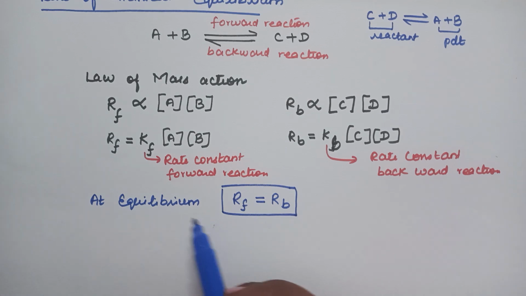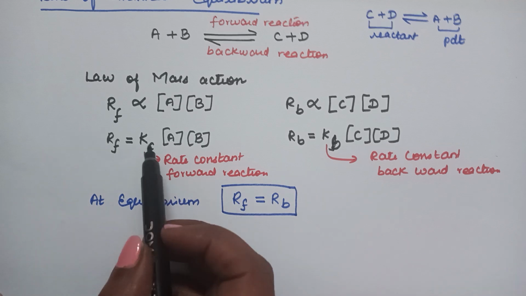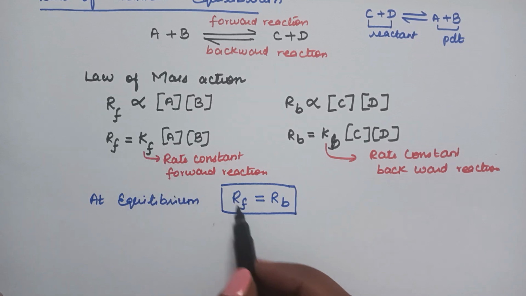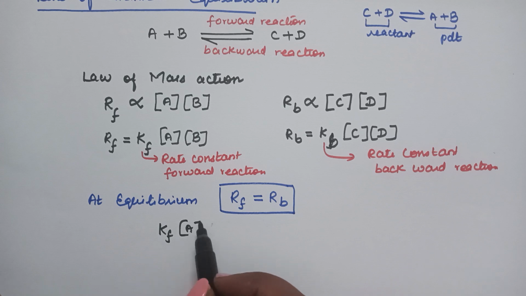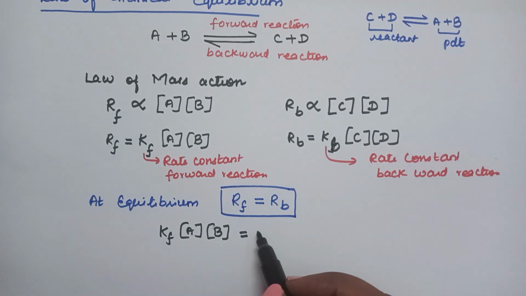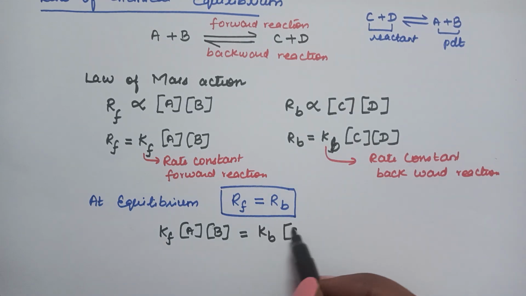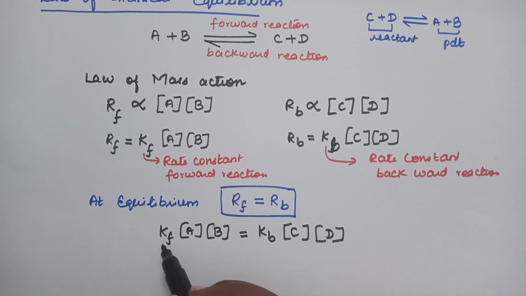Now substitute the values: the rate of the forward reaction is Kf times the active masses of A, B. This is equal to the rate of the backward reaction, which is Kb times the active mass of C and the active mass of D. Next step, bring this to the denominator.